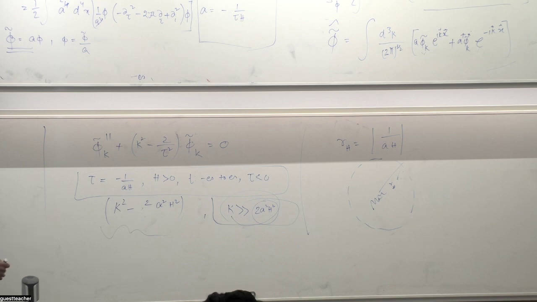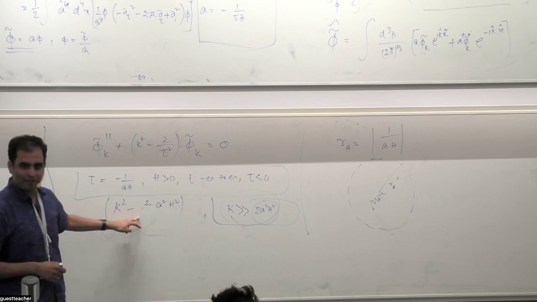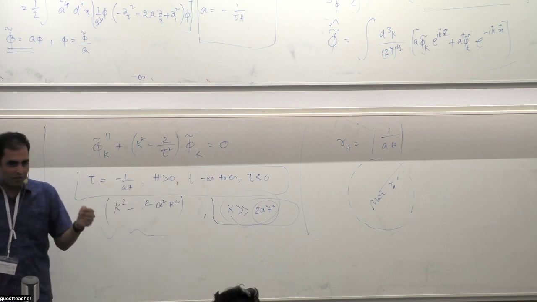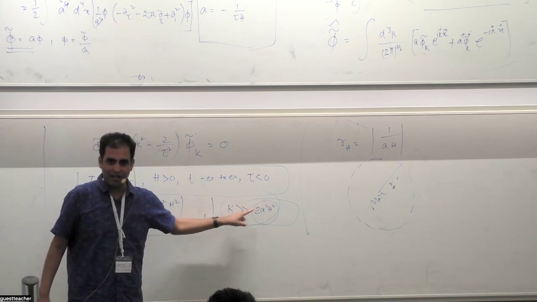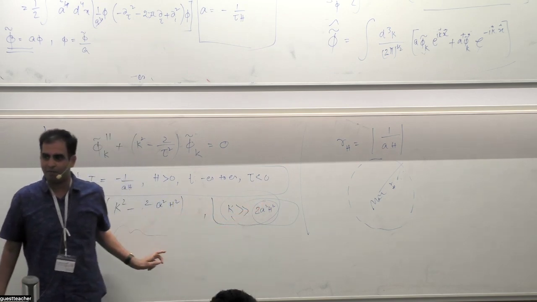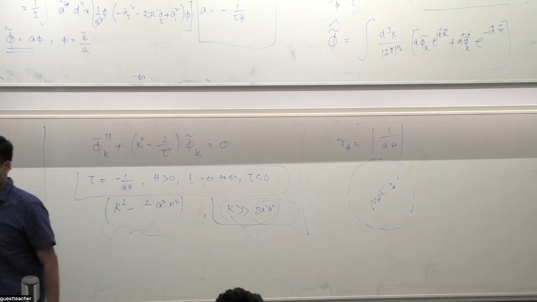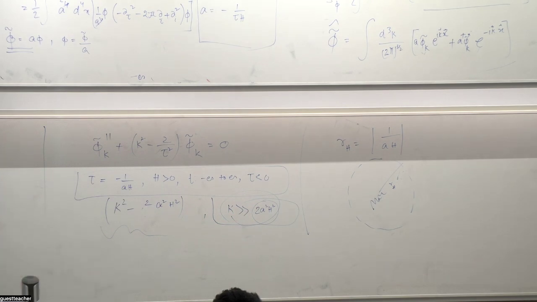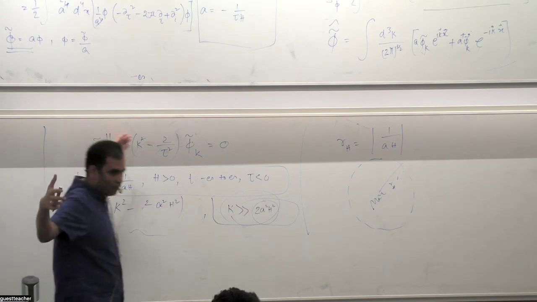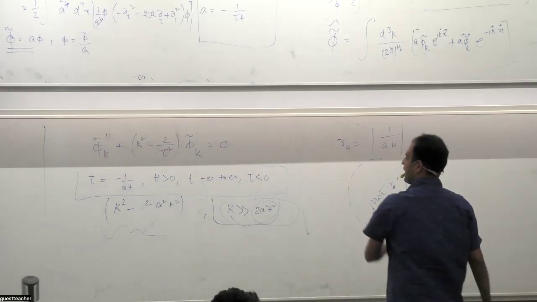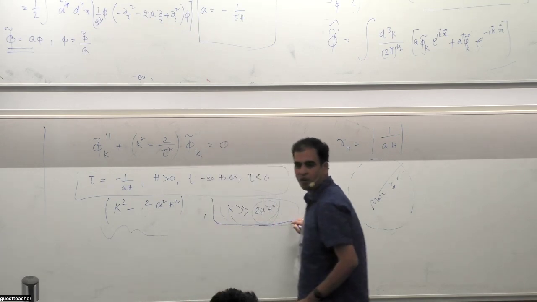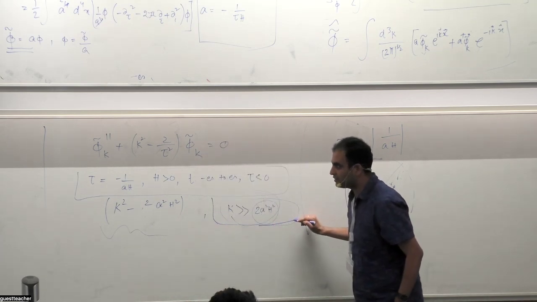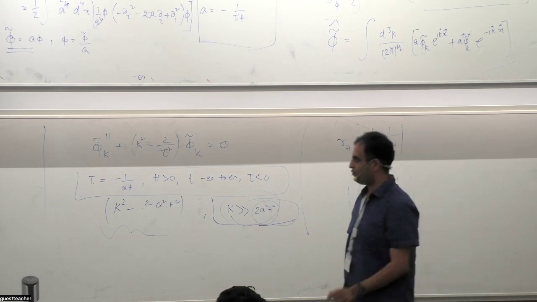But it starts to feel gravity when your particle horizon shrinks. Because the universe is changing with time, at some point your k will become equal to aH. That's what you call horizon exit. This is a very important limit for us, because it tells us how to quantize the field.